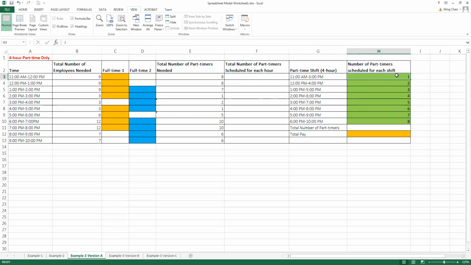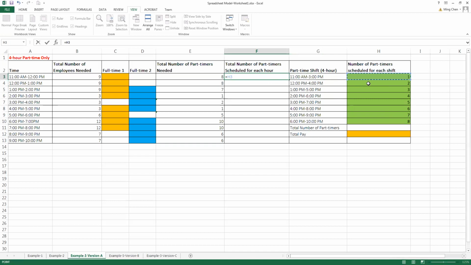This one person covers the period from 11 to 12 because they work 4 hours from 11 to 3. So the total number of people working from 11 to 12 equals this. As I said, we use a formula, we don't type a number. So equal to H3.